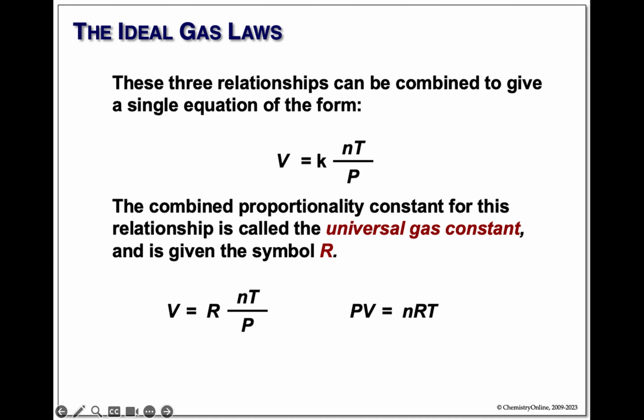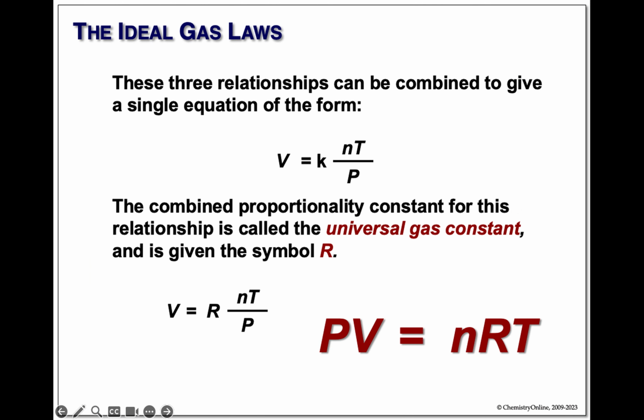PV equals nRT. It even rhymes with itself. This is the ideal gas law. PV equals nRT. With this equation, if you know anything, you could calculate everything else. Kind of neat.